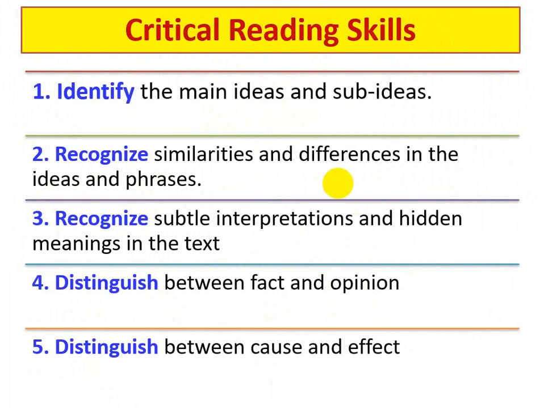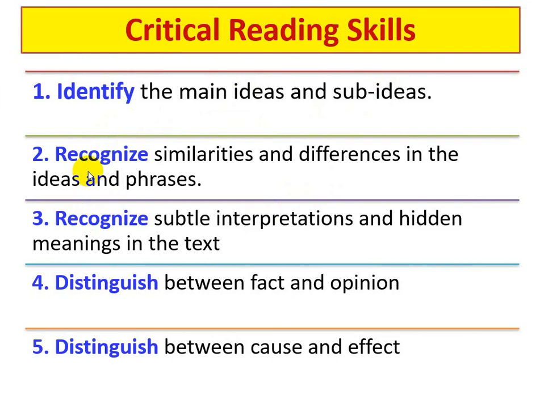So, in general, what are the critical reading skills? We have several critical reading skills. First of them is to be able to identify the main ideas and sub-ideas of the text or the article.